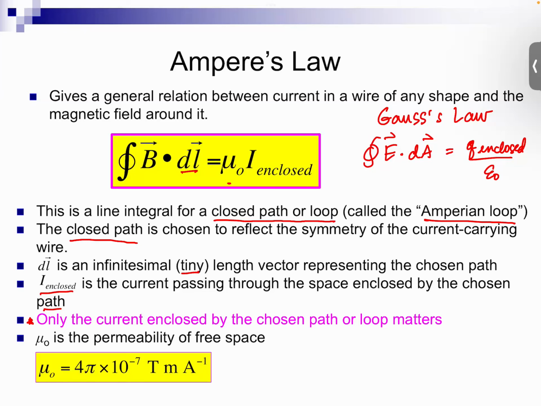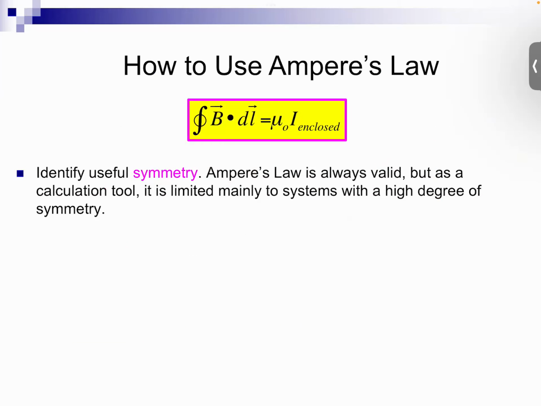Right, so to evaluate the integral in Ampere's law, we have to find a useful symmetry. We have to enclose the current using a symmetric path, because that allows us to evaluate the left-hand side of Ampere's law easily.